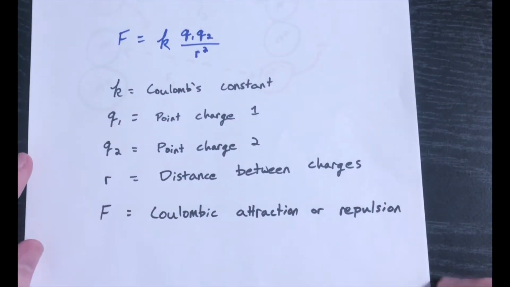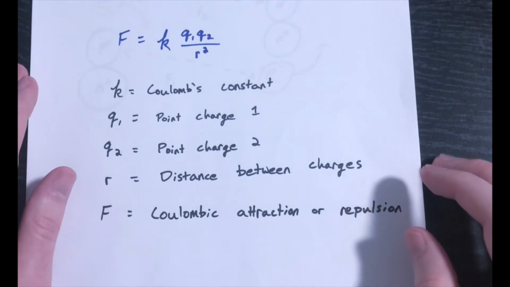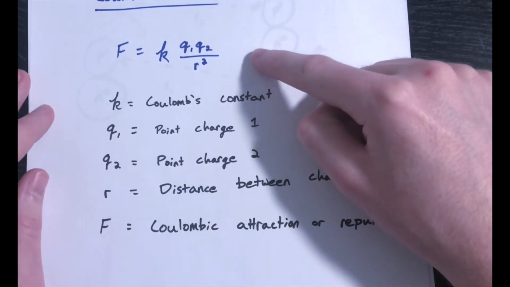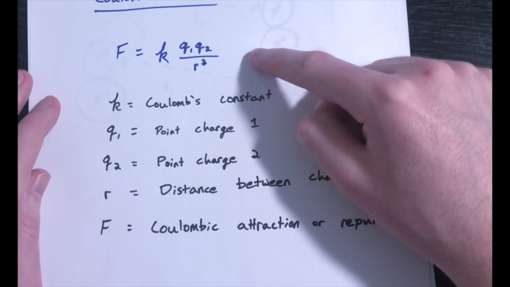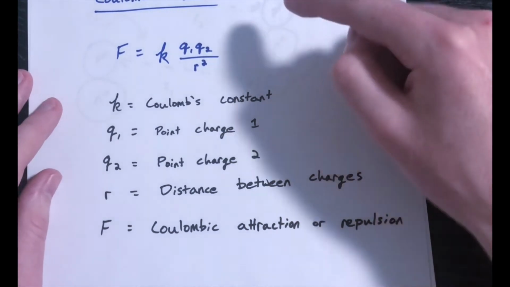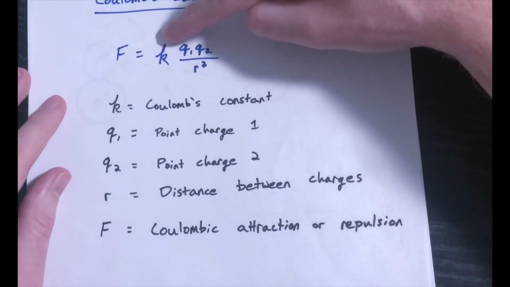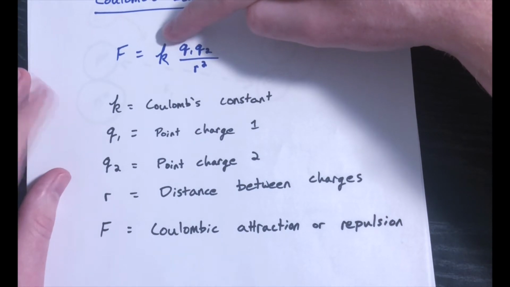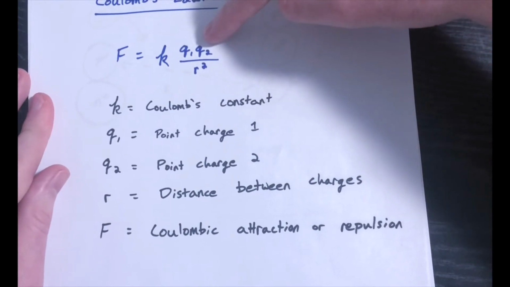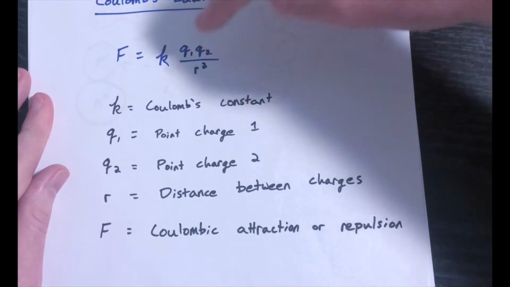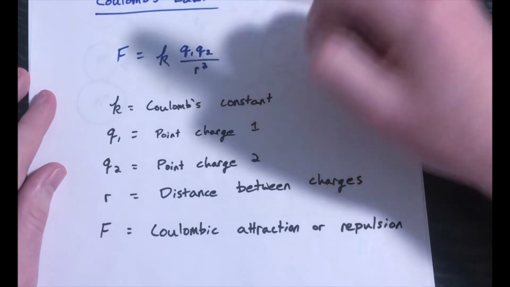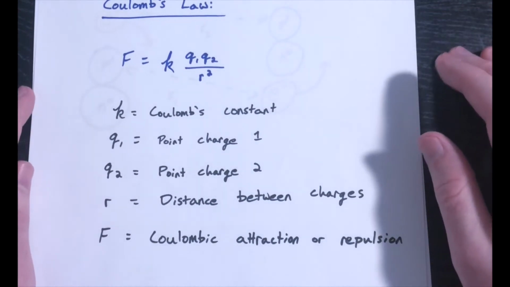If we consider a specific example of two protons interacting, and we use this equation to determine the value, or at least the sign of the result, we can determine if it's attractive or repulsive. First, we know k is just a positive number. We're not concerned specifically with the value. We know that protons are both positively charged, so q1 is 1, q2 is 1, and then the distance between them is also just a positive value that will be defined depending on the context of the situation.